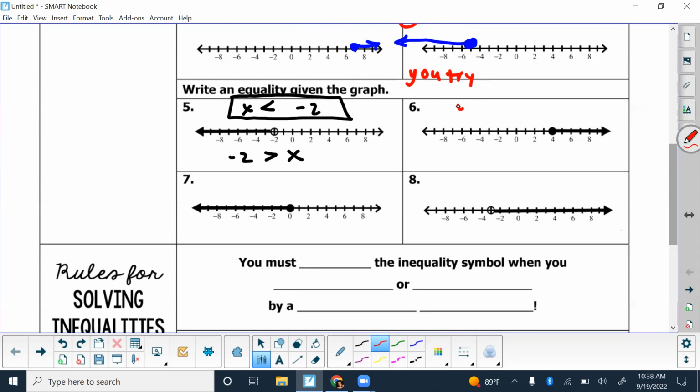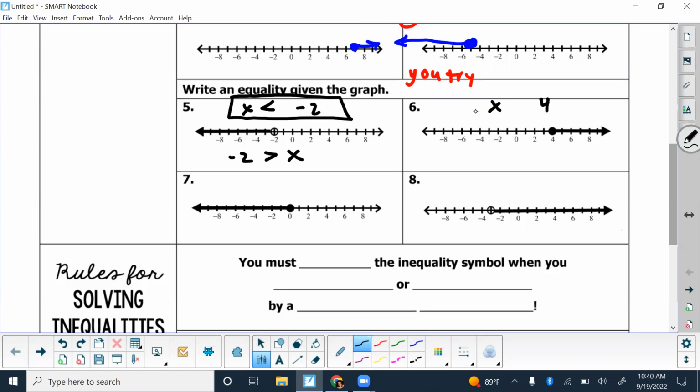All right, then I want you to try 6 and 7. Try both of those. So number 6, pick a variable, doesn't matter which one. What number are we comparing it to? The 4.